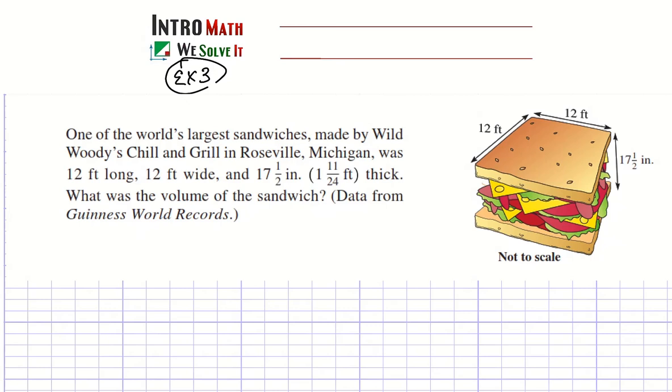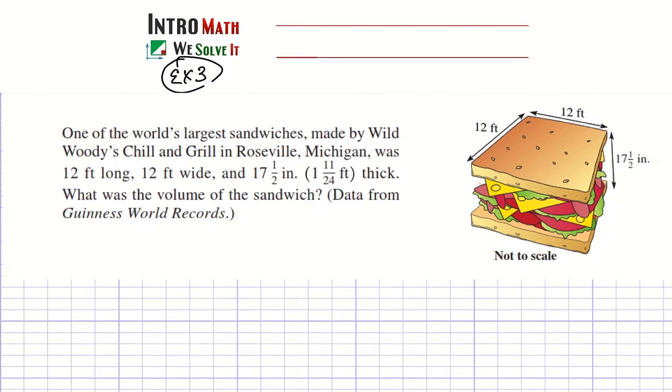So you always gotta pay attention, even if you don't see the picture, look at what they say. This is the length, this is the width, right? The length and the width. But it's kind of confusing though. And then the thickness is expressed in feet right there.